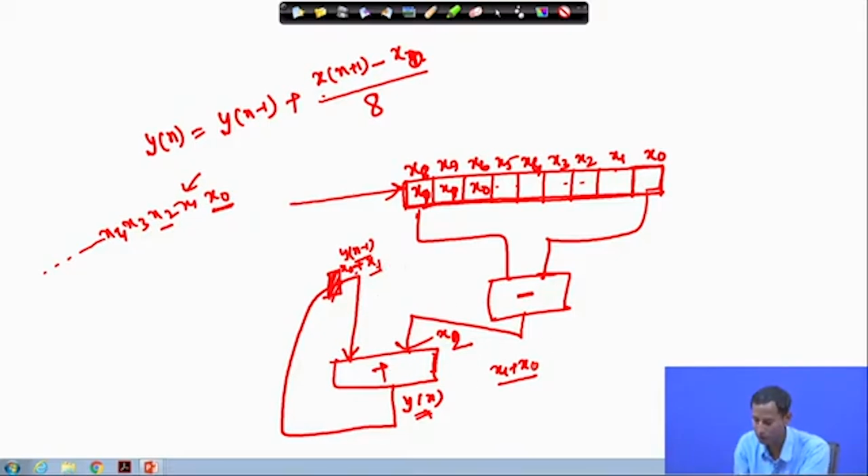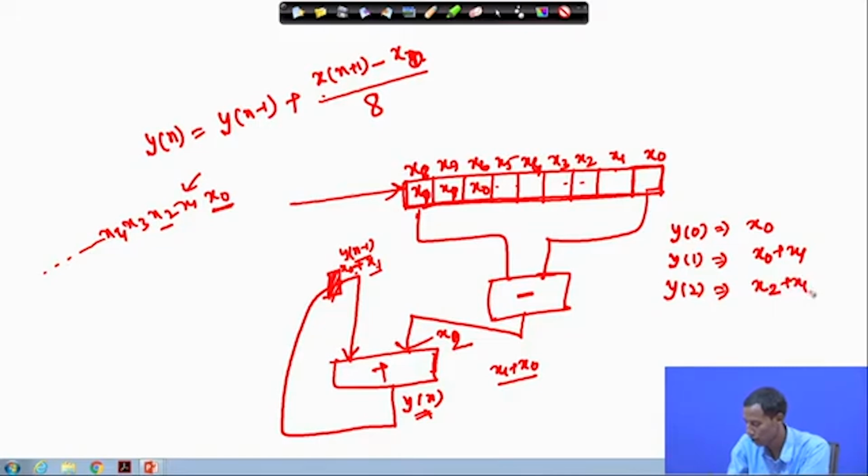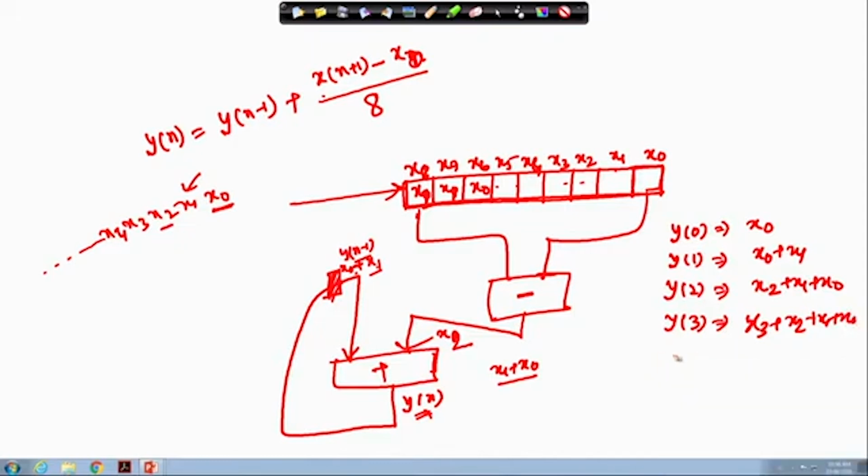So, y 0 value is x 0 at the very beginning, y 1 value is x 0 plus x 1, then y 2 value is x 2 plus x 1 plus x 0, then y 3 value is x 3 plus x 2 plus x 1 plus x 0.